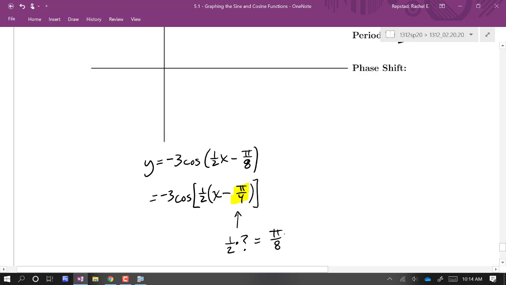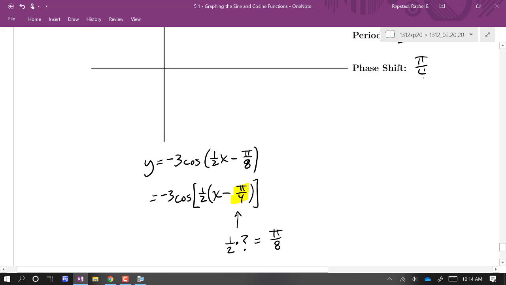It'll always end up being pi over 8 divided by 1/2, that is, c over b. So we can recognize that the phase shift is pi over 4.